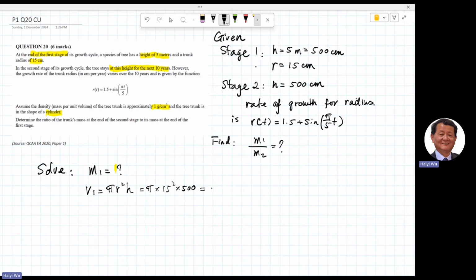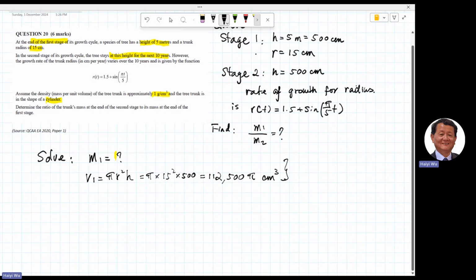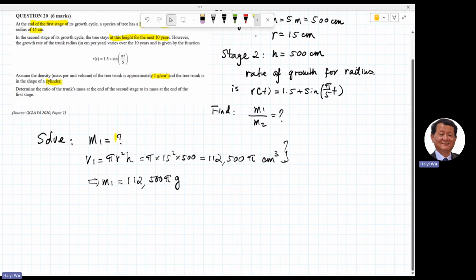Leaving the pi for a moment, the answer is 112,500 pi cubic centimeters. So that's stage 1. Therefore my mass, because 1 cubic centimeter equates to 1 gram, the mass will be the same, 112,500 pi grams. So that's the first stage, mass 1.